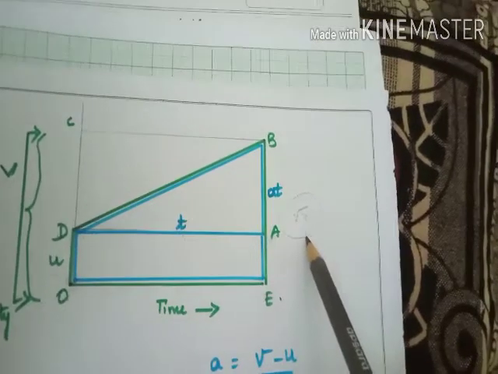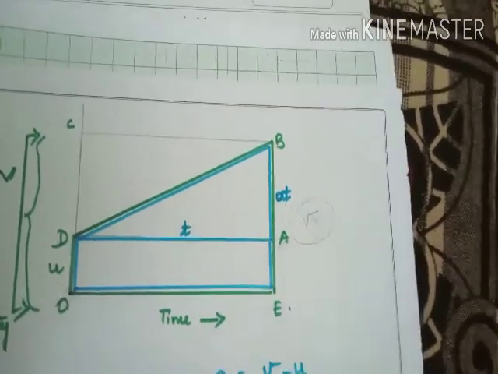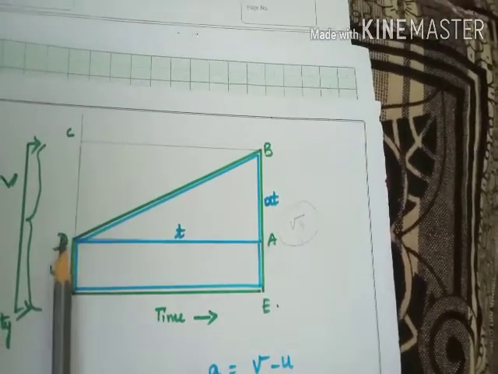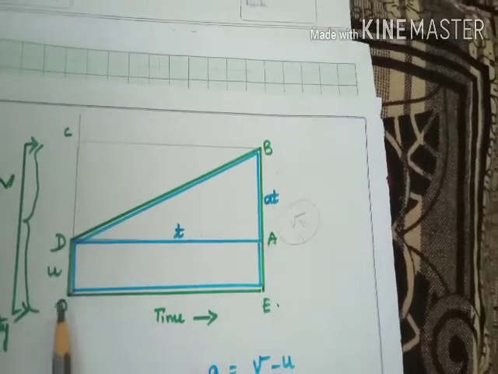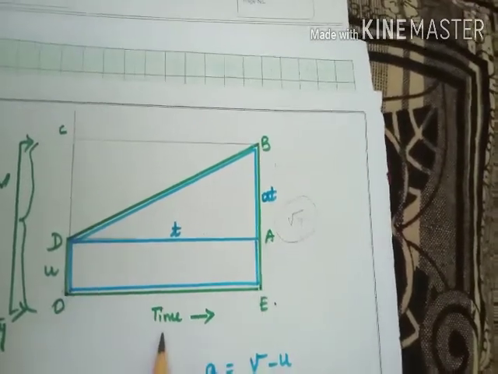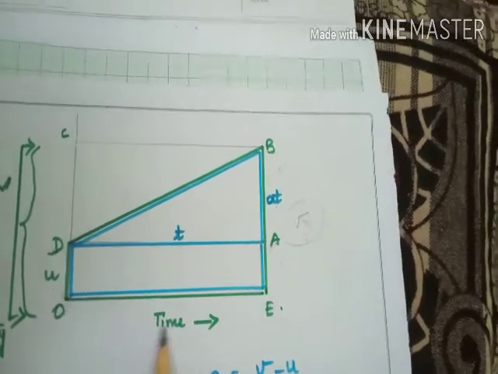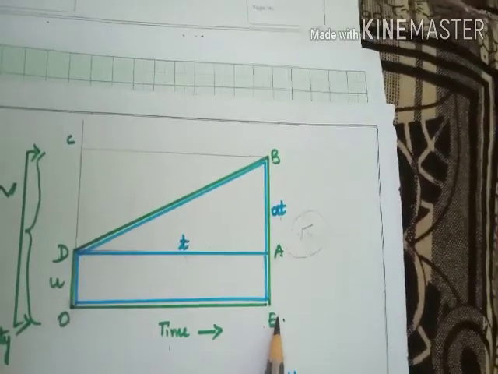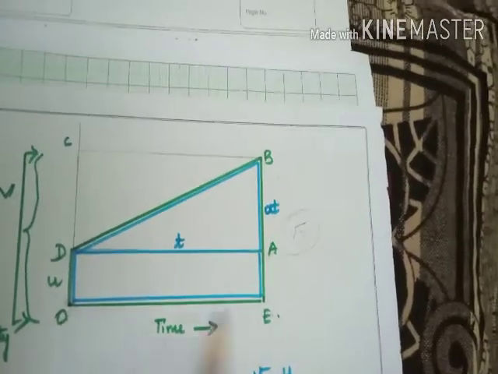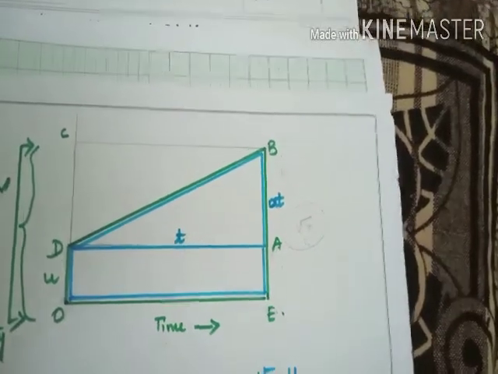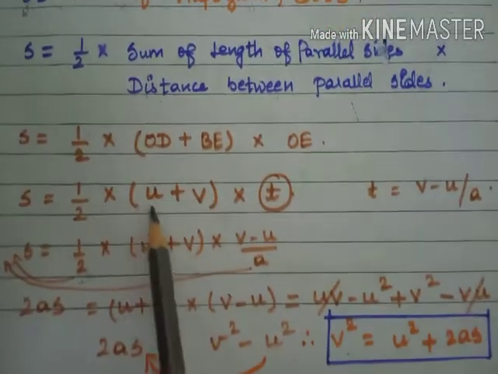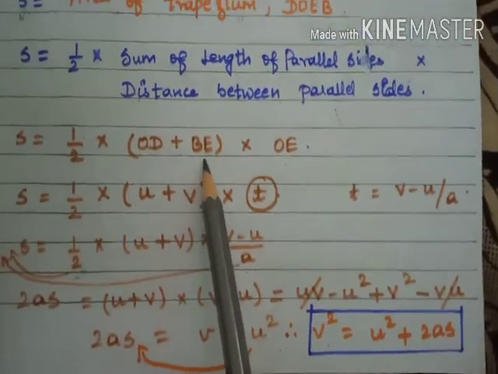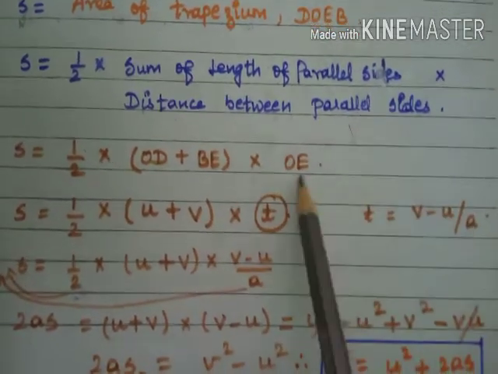Next, in the formula, distance between parallel sides. That is the distance between OD and EB, so we consider the distance between O and E. What is the value for OE? T. So the distance between parallel sides is T. So we substitute into S is equal to half into OD plus BE into the distance between parallel sides OE.